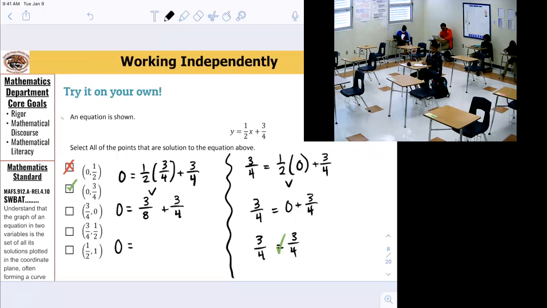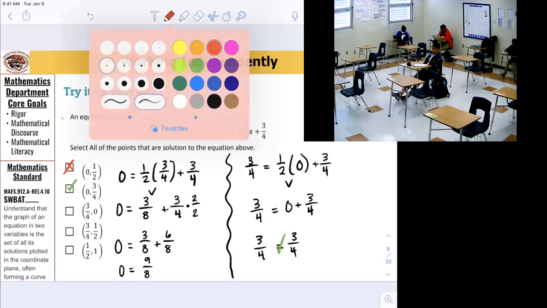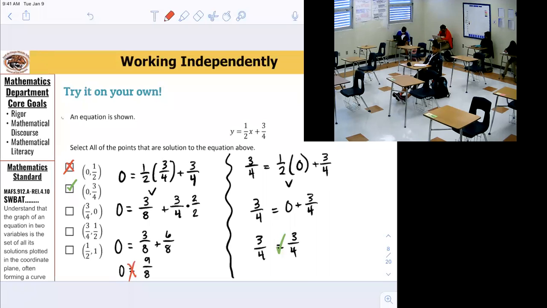What should I multiply 3/4 by to turn it into 8? 2/2. Okay, so this is 3/8 plus what? 6/8, good. And what is 3/8 plus 6/8? 9/8, good. And obviously, 0 does not equal 9/8. So that one's out.